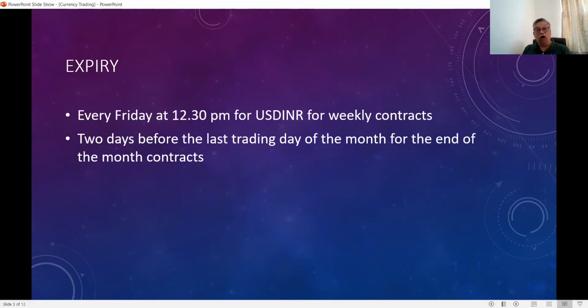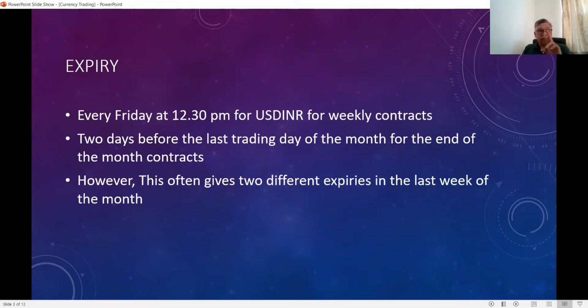Then what we get is, when 2 different expiries are there, usually the contract which expires 2 days before, that is 27th October, has fantastic liquidity, but the 28th October liquidity is not there. Actually, that's a Friday contract. Every Friday contract has liquidity, but not the last Friday if it is different from the monthly contract expiring 2 days before month end.